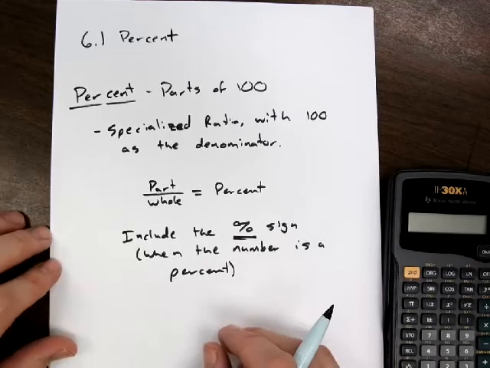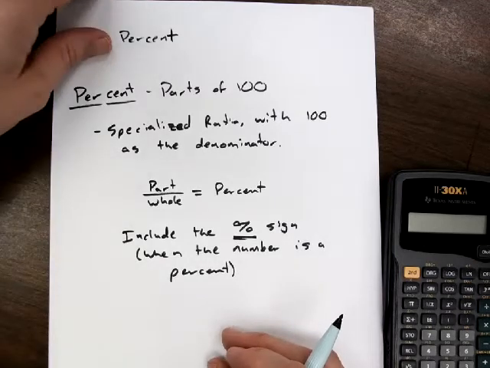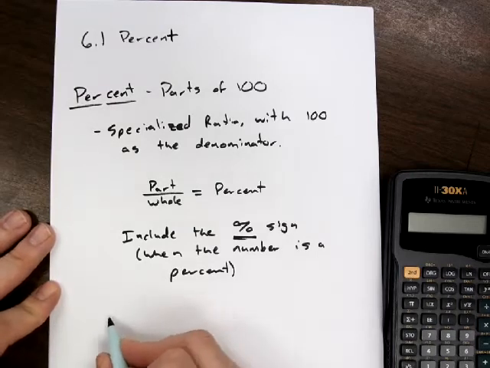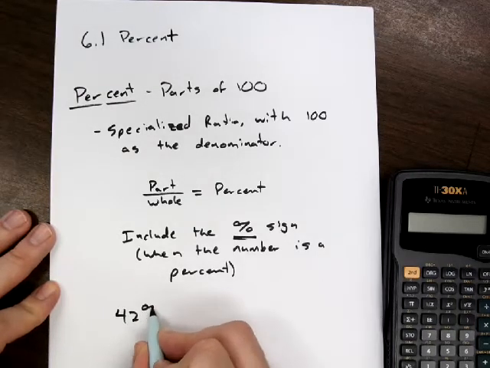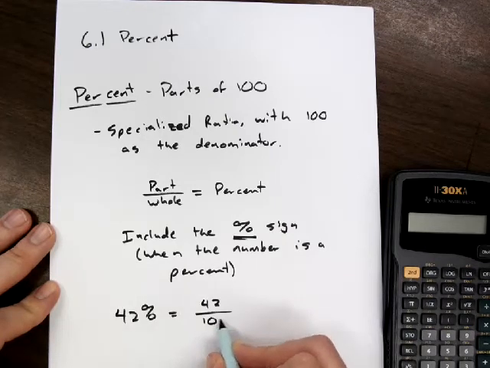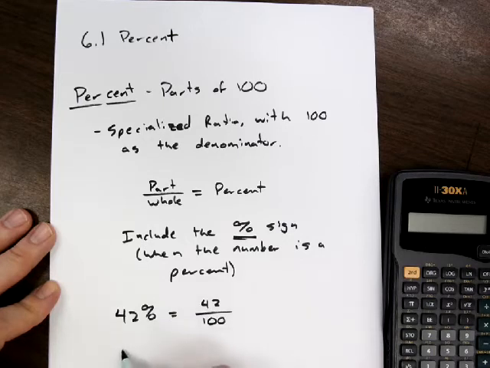Let's go ahead and show you what this is going to look like. If I say something like 42%, all this really means is I've got 42 out of 100. If I had 60%, that would just be 60 out of 100.